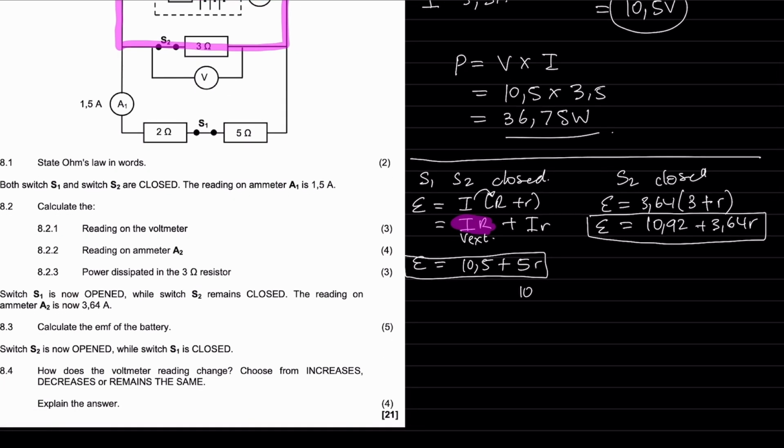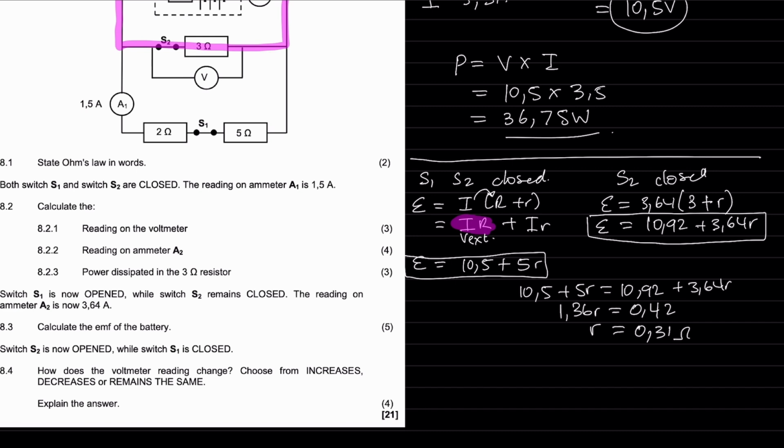So we can say that 10.5 plus 5r equals 10.92 plus 3.64r. Let's simplify. So 5r minus 3.64r gives me 1.36r, and that's equal to 10.92 minus 10.5, which is 0.42. Now divide both sides by 1.36, and that gives us an internal resistance of 0.31.